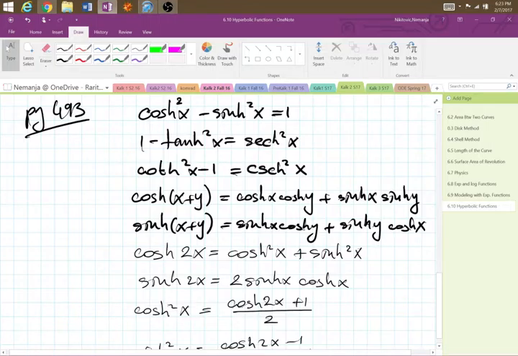But then, if you remember the cosine 2x formula, cosine 2x was cosine squared x minus sine squared x. And now look what you have here, sine squared plus cosine squared, that's this one, right? So they kind of swap spots, if you think about it a little bit.